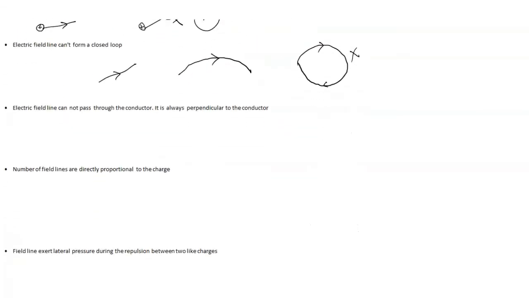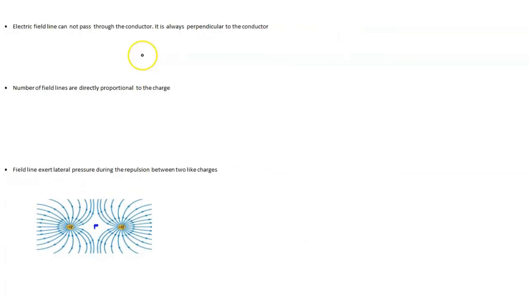Let us move to the next property, that is, electric field lines cannot pass through a conductor. They are always perpendicular to the conductor. If we consider one conductor which is a positive charge, then the electric field lines cannot pass through the conductor. They are always perpendicular to the conductor, like this. If we consider this field line, it is perpendicular.